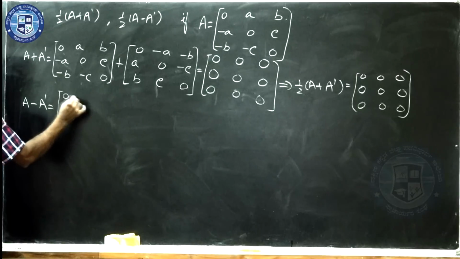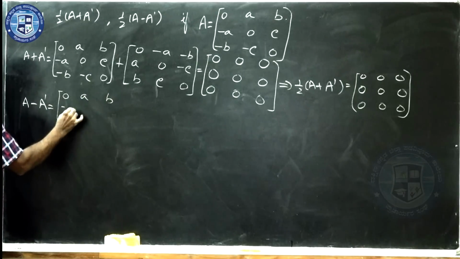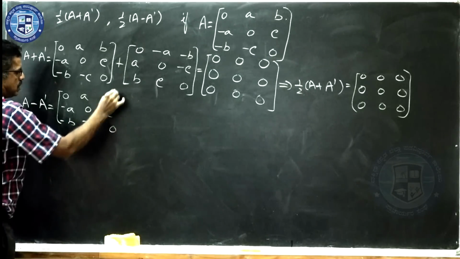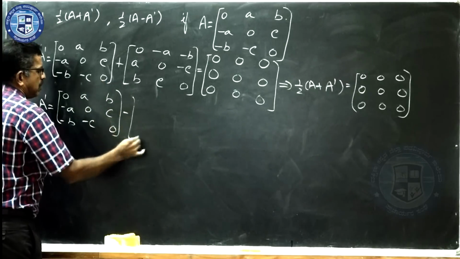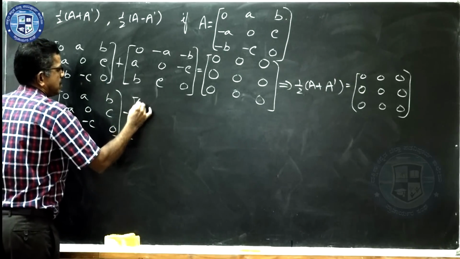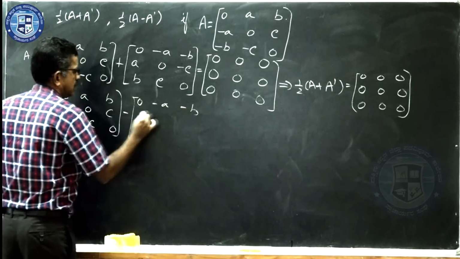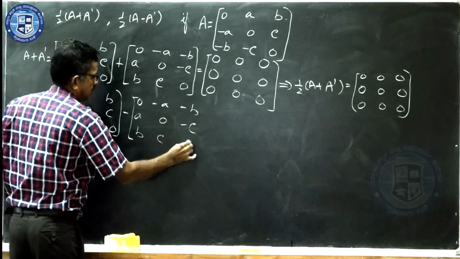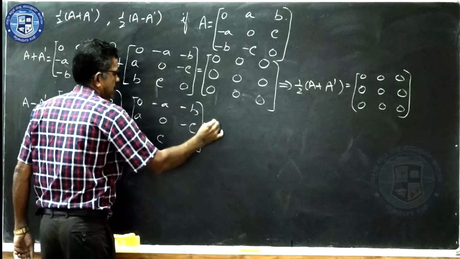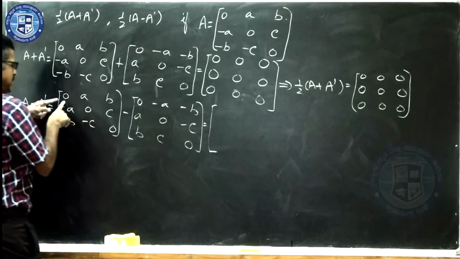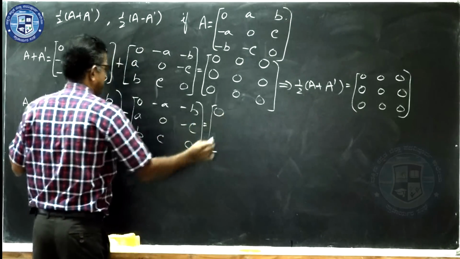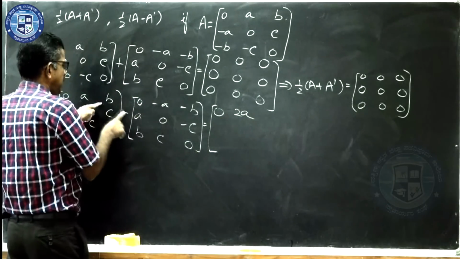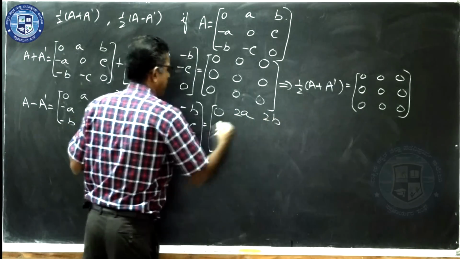Next, find A minus A dash. What is 0 minus 0? 0. a minus of minus a is 2a. b minus of minus b is 2b.